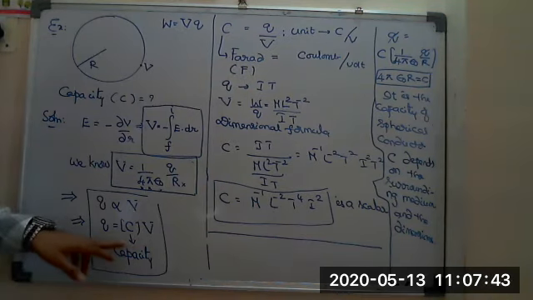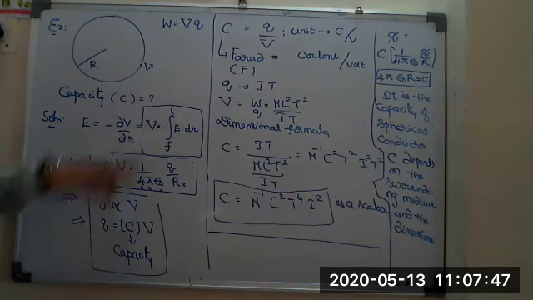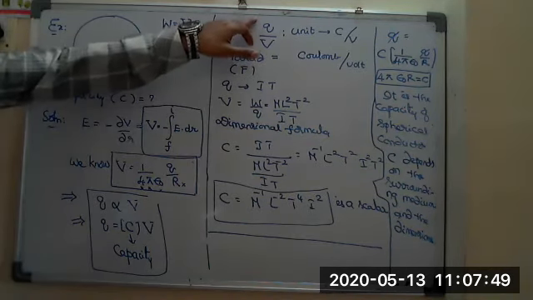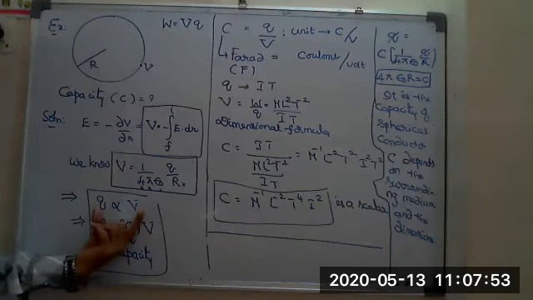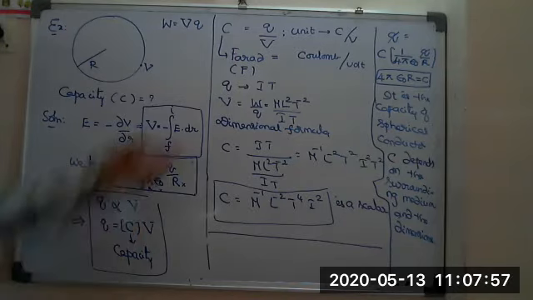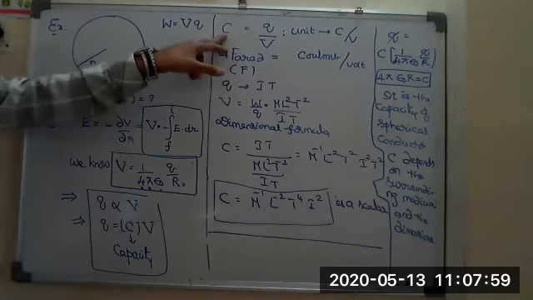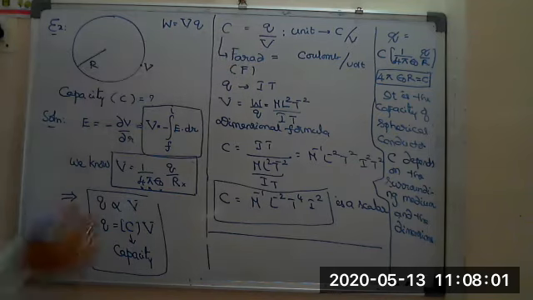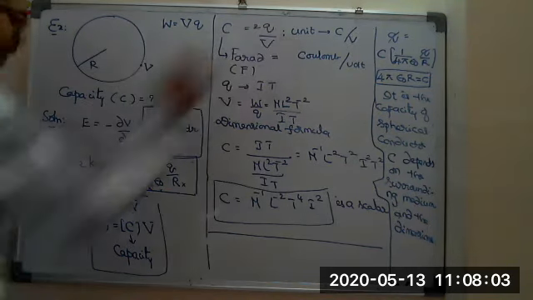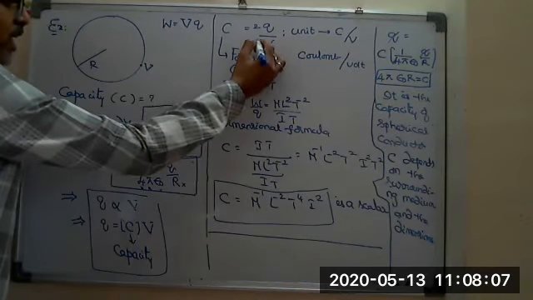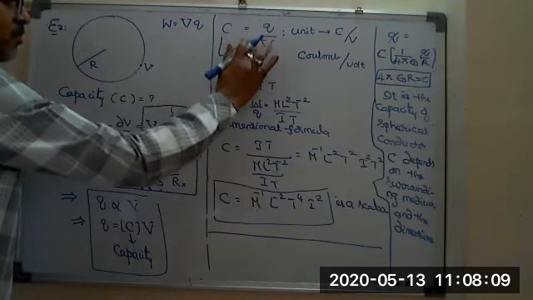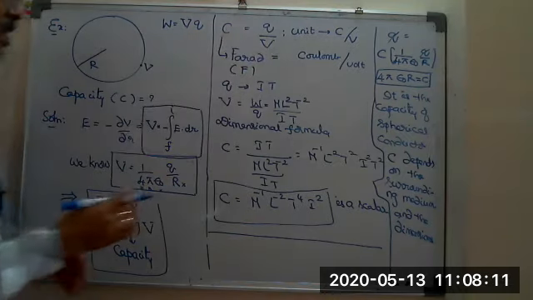Capacity in the derivation, look, is the proportionality constant. Suppose Q is doubled, the potential also will be doubled according to the formula. Why? Because they are directly proportional. Again, the capacity will be the same. Suppose Q becomes 2 times, then according to the formula, potential also becomes 2 times. So the 2 cancels here, and you get the same capacity.